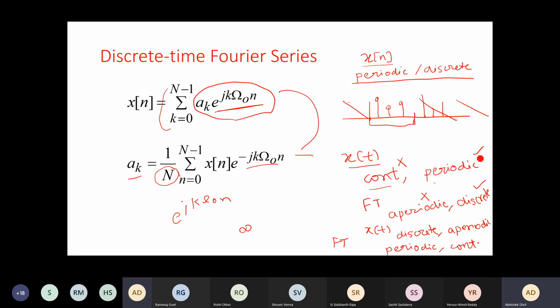So the signal has one good characteristic from the information point of view, and the Fourier transform also has one good characteristic. x(t) has this as a good characteristic, this is bad, so its Fourier transform also has one good characteristic.